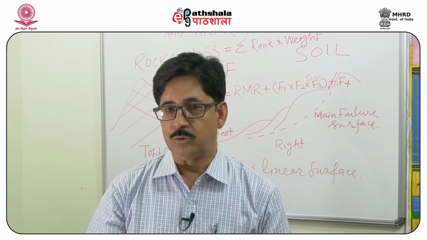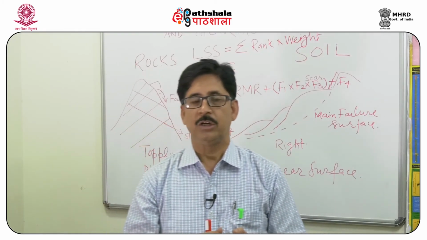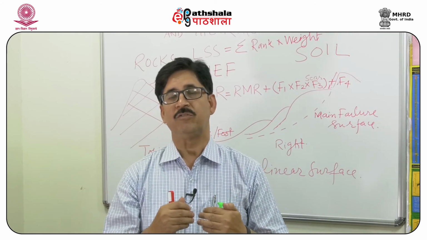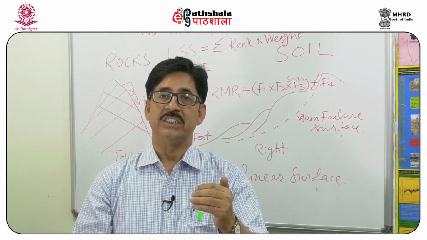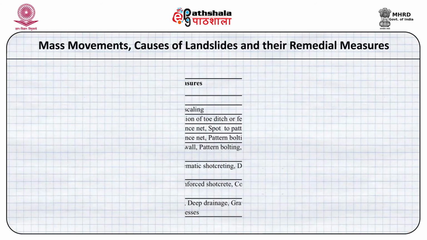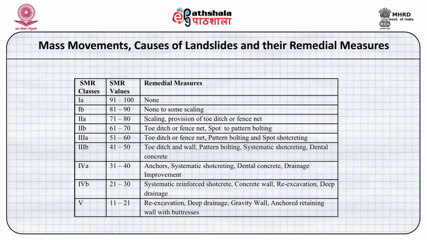Depending upon SMR values, we can also suggest what kind of civil engineering measures we can take to stop the landsliding, which includes from spot bolting to scaling to formation of toe ditch to formation of pattern bolting, formation of rock fencing, formation of retaining walls, re-excavation, and sometimes formation of retaining walls and concrete walls with buttresses.